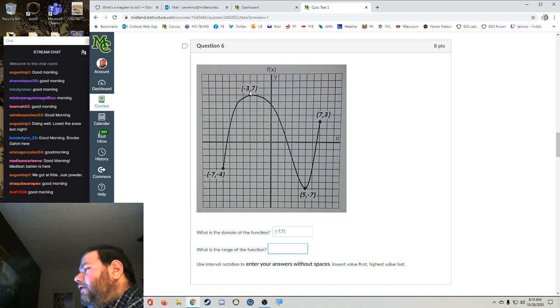But this point on the top and this point on the bottom, these are the highest and lowest points respectively. So negative 7 is actually the lowest y value on this graph, and positive 7 is the highest y value on the graph. So we actually have the exact same range as we do domain, but again, it's for a different variable. The first one is for the x variable here, and the second one is for the y variable here.